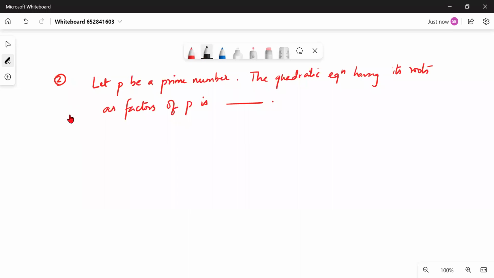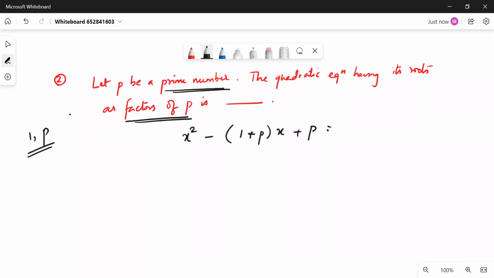It is of course a quadratic equation, but you already know how you write the quadratic polynomial or equation. First of all, what are the factors of P, if P is a prime number? Sir, 1 and itself. 1 and itself. Very good. So 1 and P are the factors. The general form is x square minus sum of zeros plus product of zeros equal to 0.